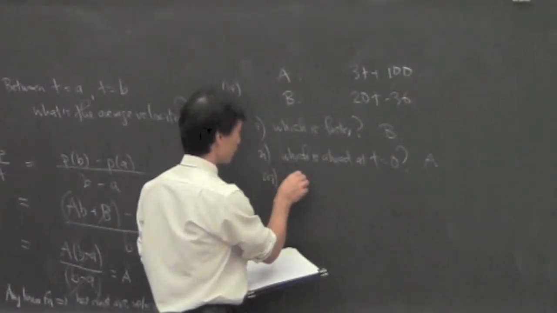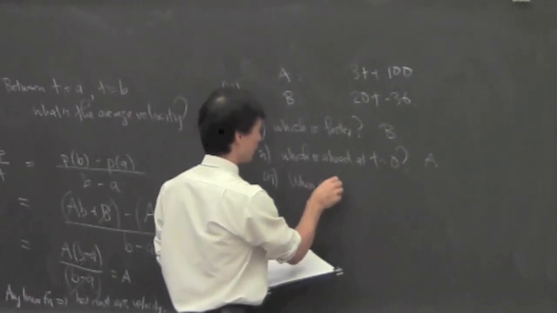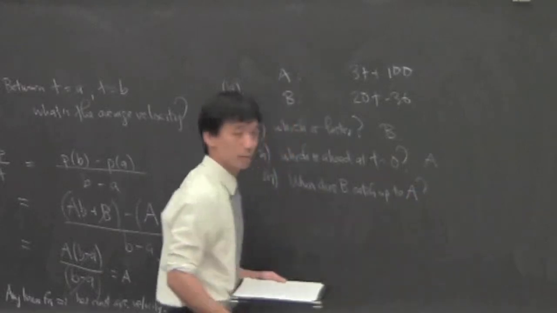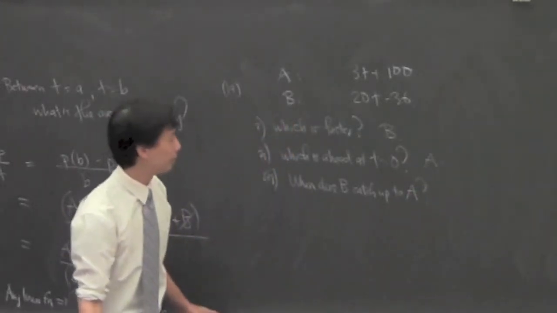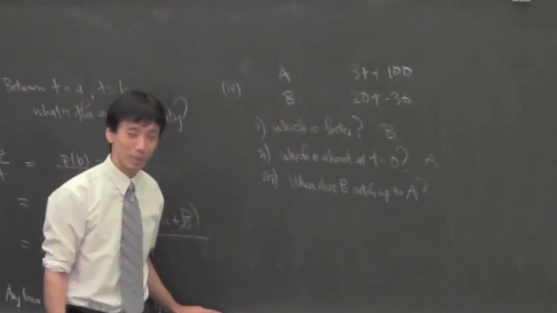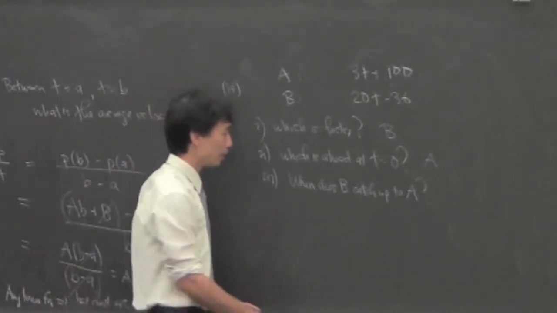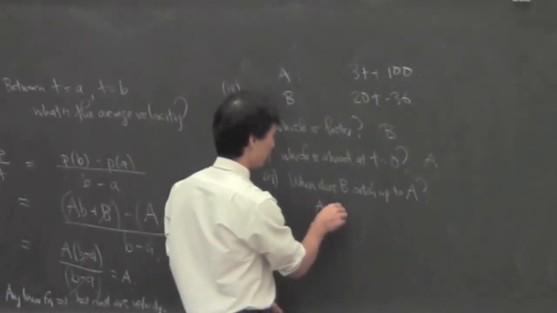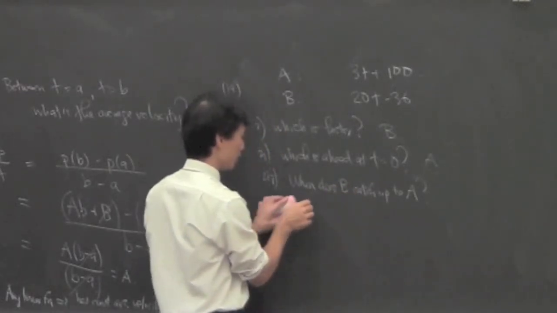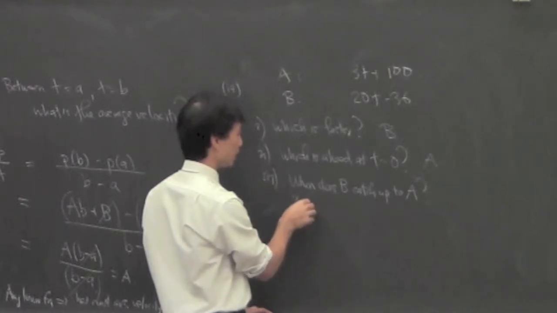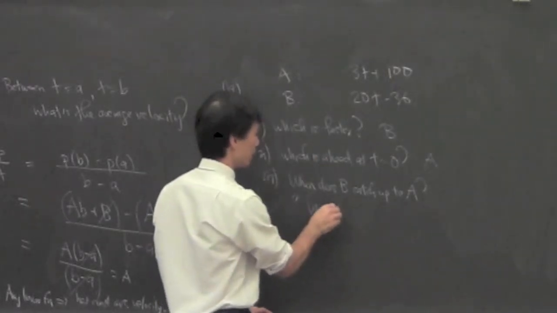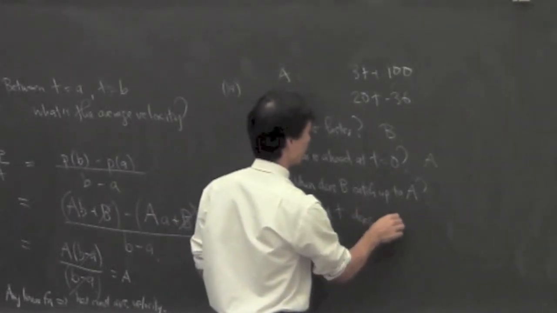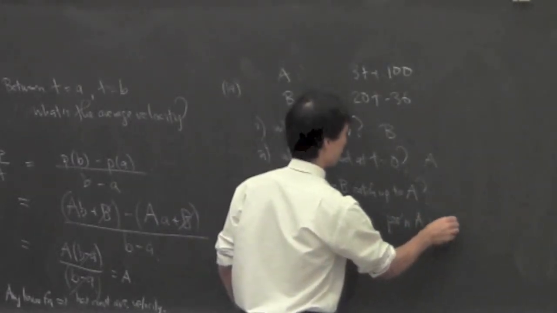And then the question is, when does B catch up to A? You can do it by graphs, or you just set the two equal to each other. If you translate this question into math, it is: at what t does the position of A equal the position of B?